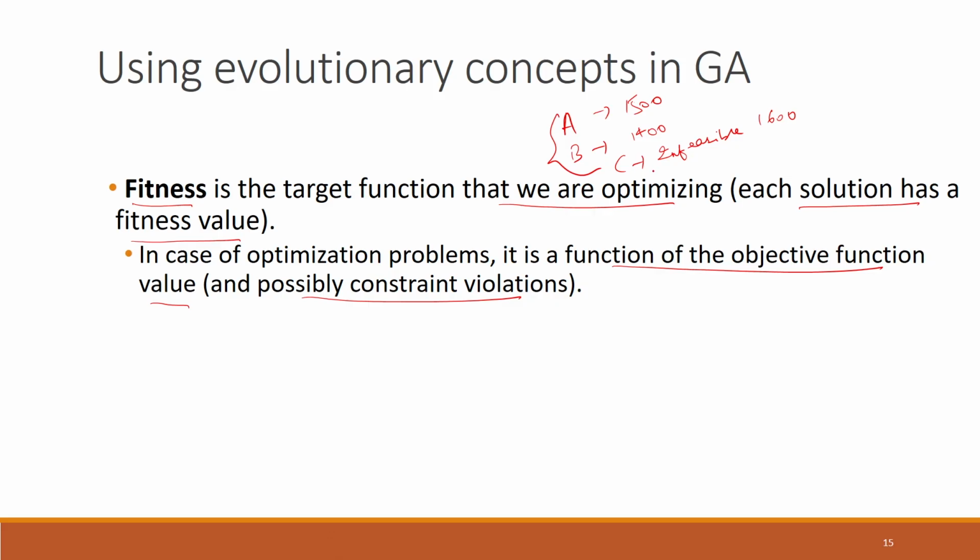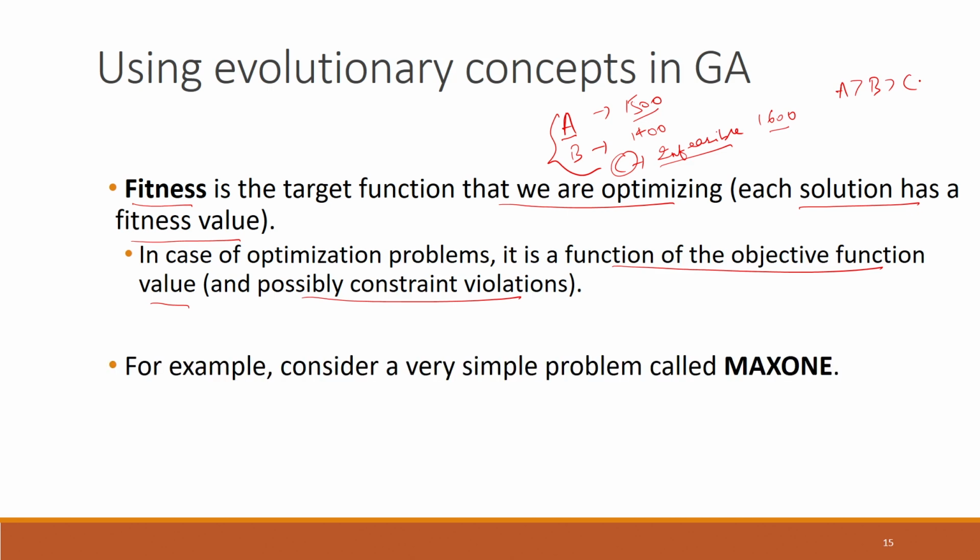Since solution C is infeasible, it is the worst among all of these three, even though it is giving an objective function value which is higher than both A and B, and therefore its fitness value should be lower than A and B. Okay, now if you look at A and B, since this optimization problem is a maximization problem, solution A should have higher fitness value because it has an objective function value of 1500 as compared to 1400 for B. Okay, so therefore the fitness value for A should be the greatest, then B, then C. Okay, so the fitness function takes that into account.